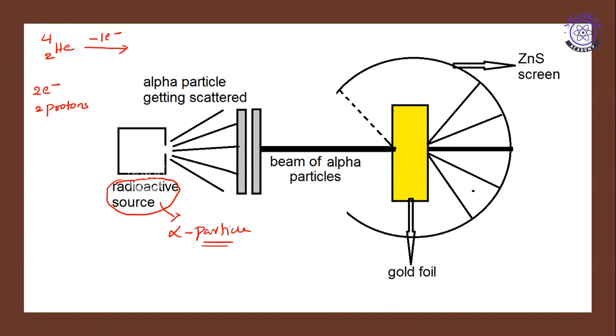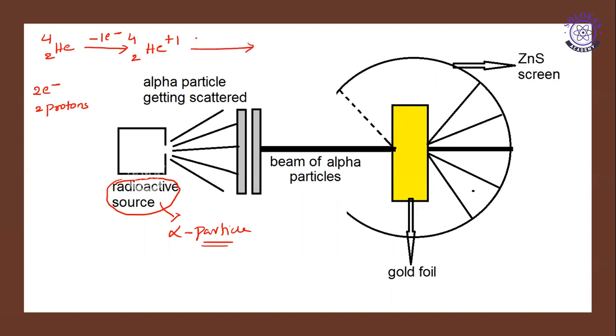There were 2 negative charges and 2 positive charges. If I remove 1 negative charge, what would be the charge on the helium? I get a +1 charge, and I can say that it is an ionized helium ion. Initially it was neutral and it ionized to +1 charge.